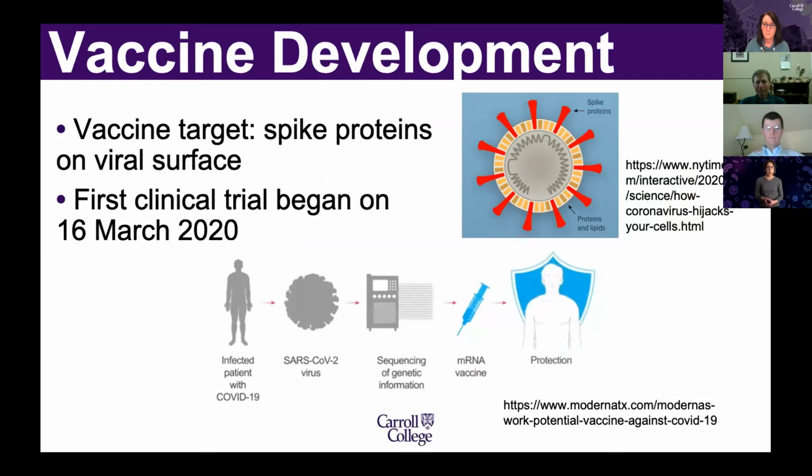Among the most promising of these is the product of a collaboration between the National Institute of Health and a private company called Moderna. This particular vaccine entered the first stage of clinical trials on March 16th, and remarkably, this was just 42 days after the viral genome sequence was made public.